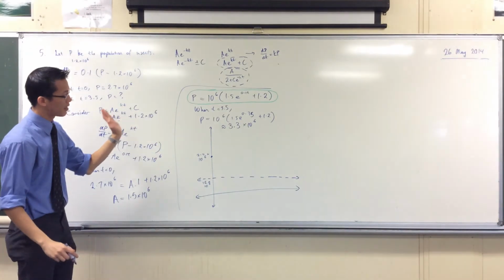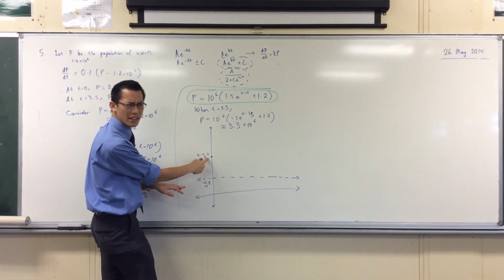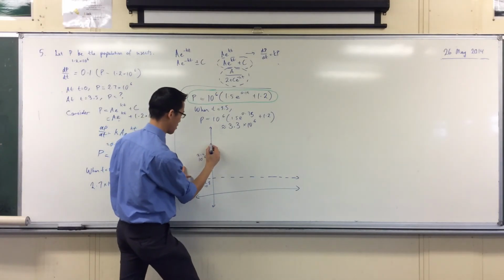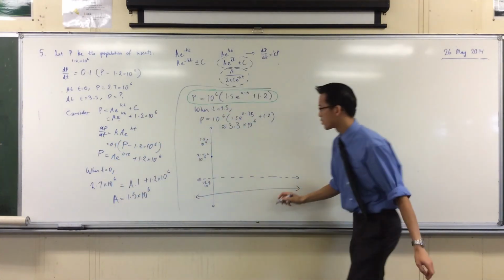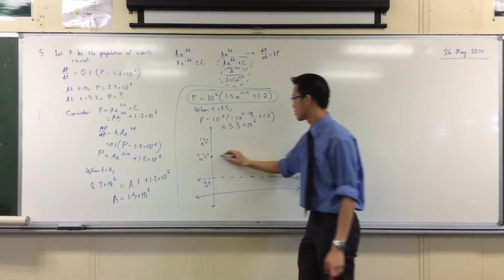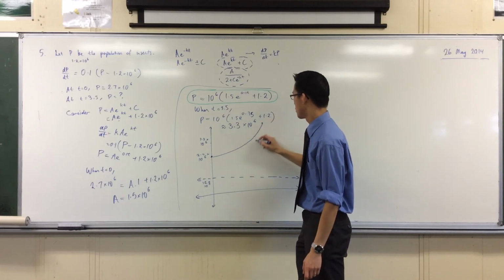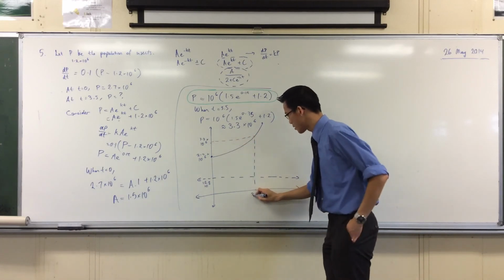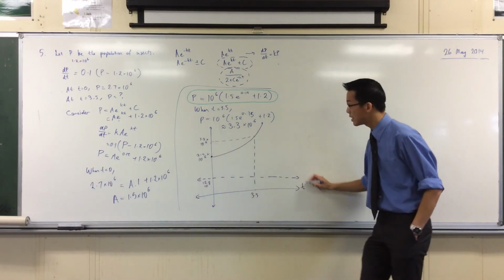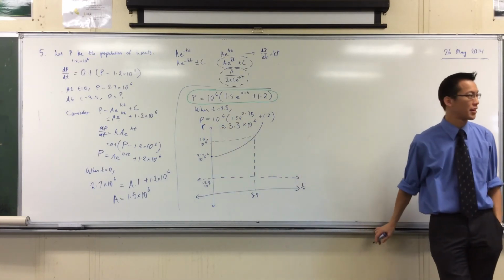And I know that after 3.5 units of time, I'm up to here, which is not all that much higher than here, is it? So something like maybe there. So if you pick a point like this, that's time 3.5 days. Hooray, it's beautiful. There you go. Okay.